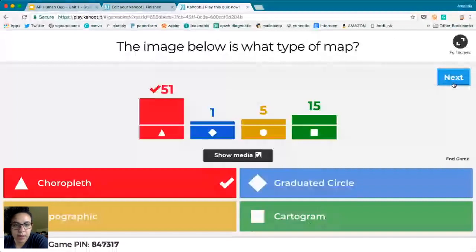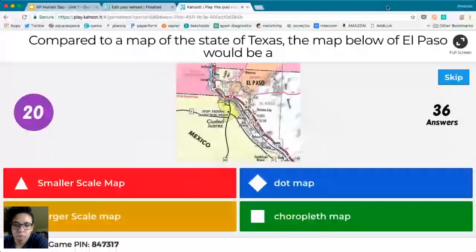All right, compared to a map of the state of Texas, the map below of El Paso would be a... Good job.